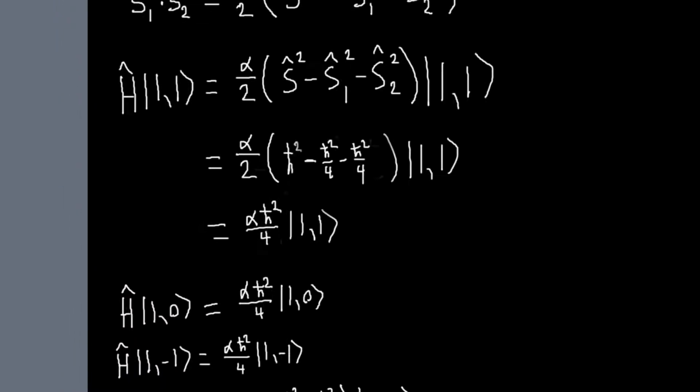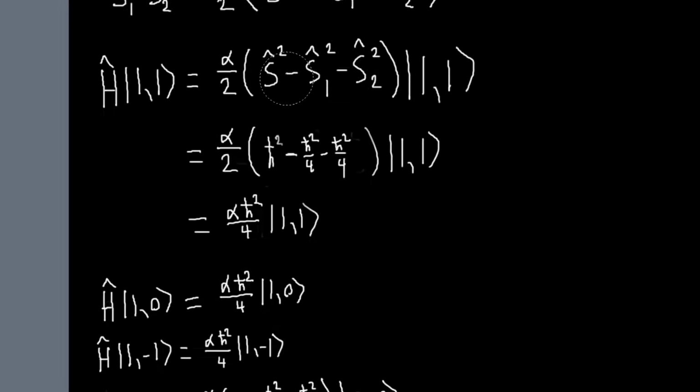Similarly, we could do the same thing with these other two states with total angular momentum 1 and different z component values. The calculation would be exactly the same, because this Hamiltonian doesn't depend on the m value, on the z component of the spin.